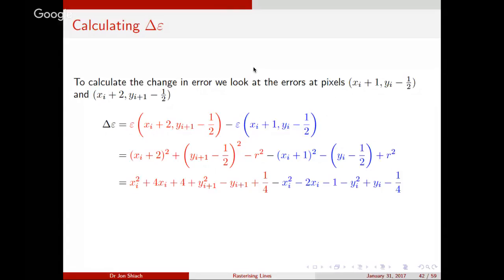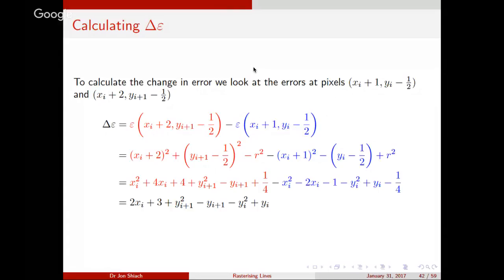Okay, so if we expand out all of these squares, just a lot of algebra, 4 quadratics to expand. And you can see there's also going to be some cancelling out. There's a plus a quarter there, minus a quarter, etc. So if we cancel out, we get to this: 2x plus 3 plus y_i+1 squared.